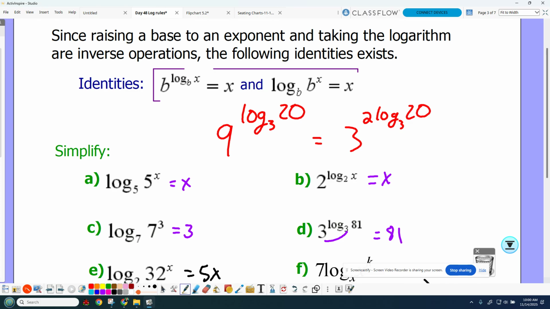Okay, but it doesn't quite, there's something wrong. It doesn't exactly look like that. What's different? There's a number in front of the log. There's a number in the way.